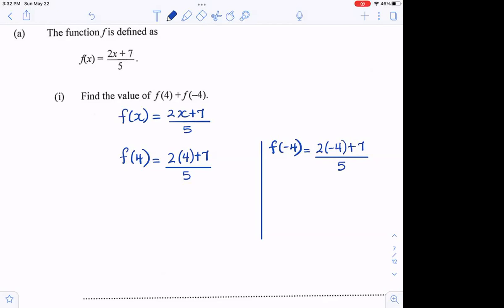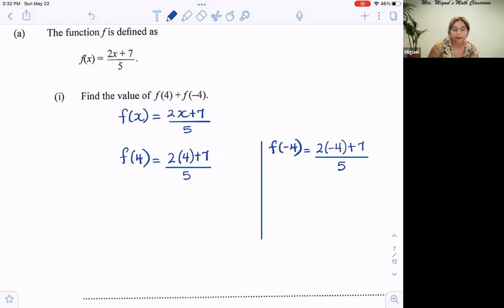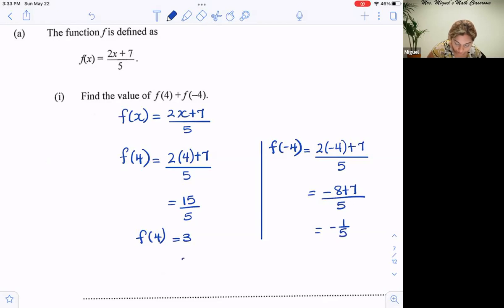All right, so we have 4 multiplied by 2 is 8 plus 7. 15 divided by 5, f of 4 is equal to 3. f of -4 is minus 8 plus 7 over 5. If you don't know what it is, you can use the calculator. The answer is -1/5. So 3 minus 1/5, the answer is 2 4/5.